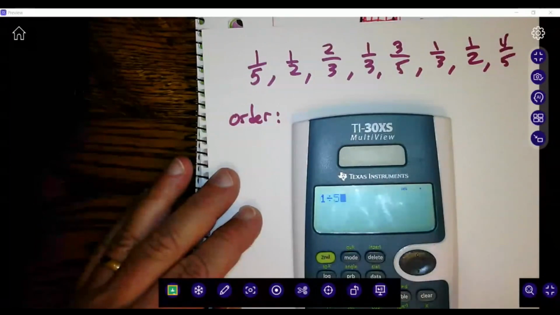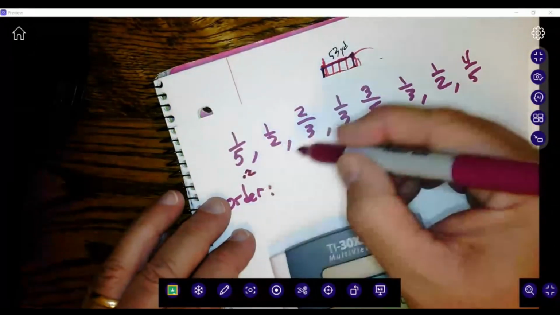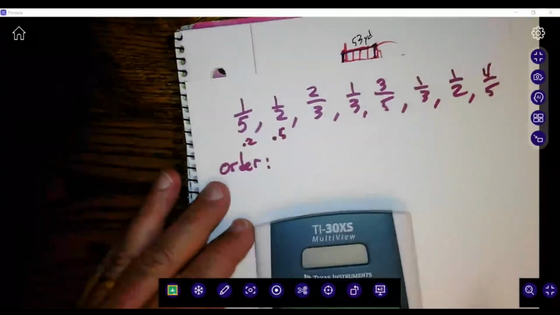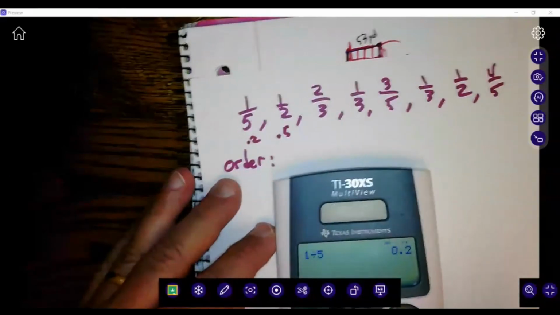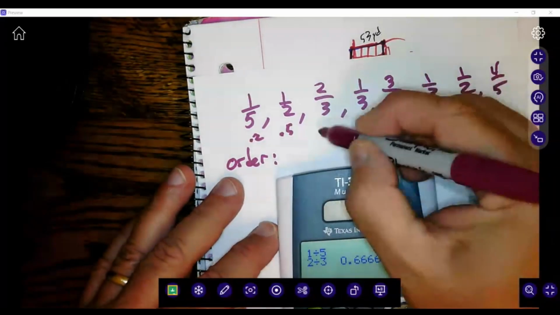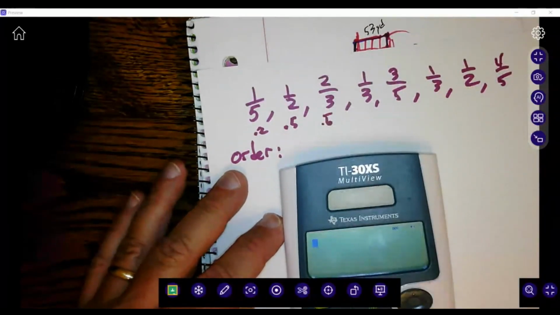1 divided by 5 is 0.2. 1/2 is 0.5. You should know that one. 2/3, you should begin to learn it. 2/3 is 0.6 repeating. 1/3, you should get to know that.